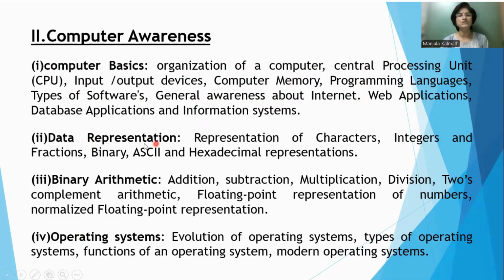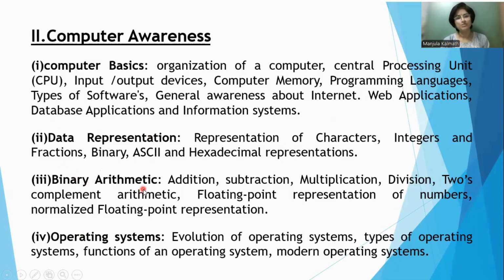Then next comes data representation. Here we have binary, decimal, hexadecimal, octal, different types of number representation. Representation of characters, integers, and fractions, binary, ASCII, hexadecimal representation. These you are going to learn in data representation.